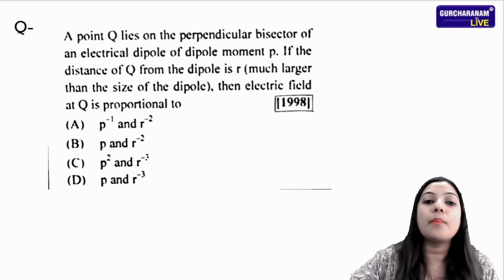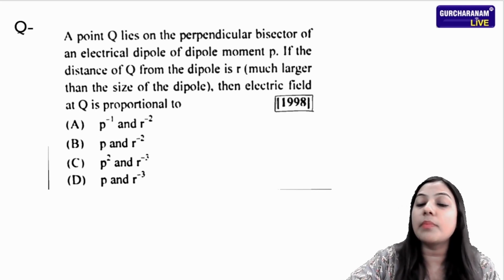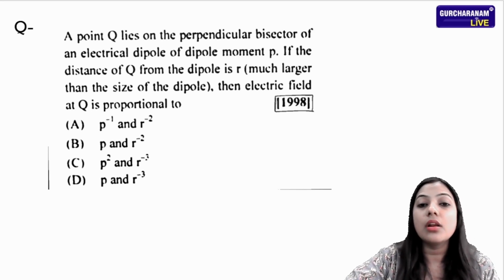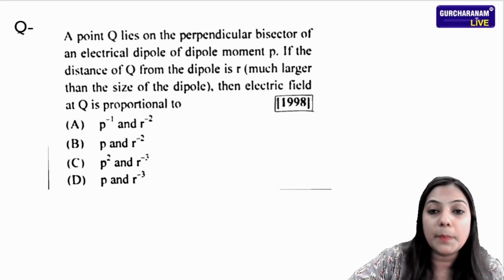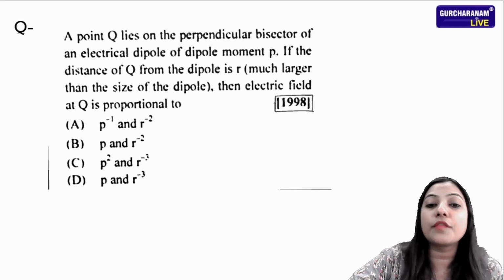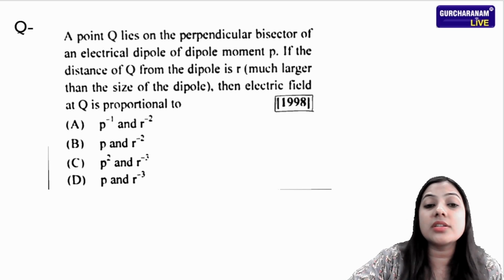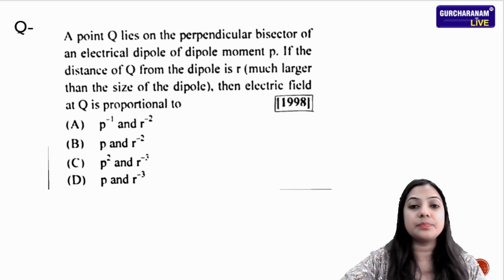A point Q lies on the perpendicular bisector of an electric dipole of dipole moment P. If the distance of Q from the dipole is r, which is much larger than the size of the dipole, then the electric field is?